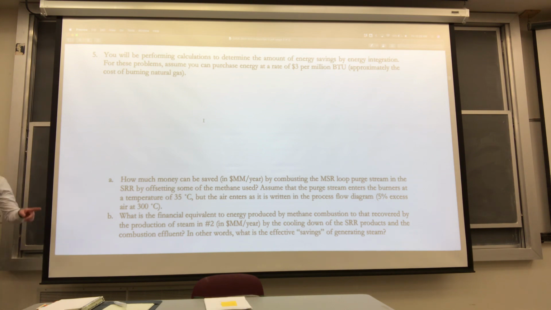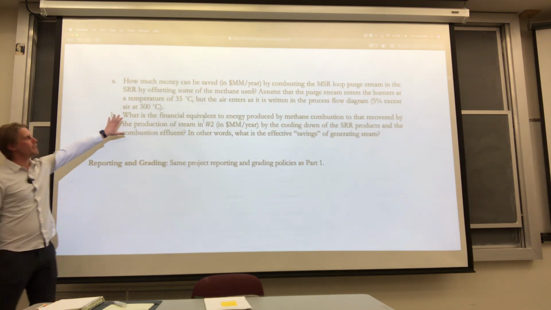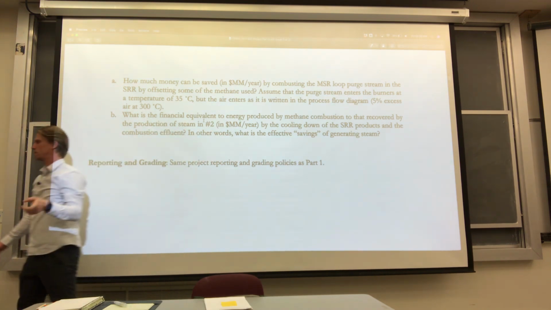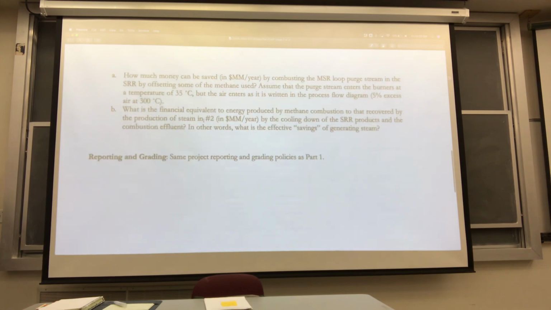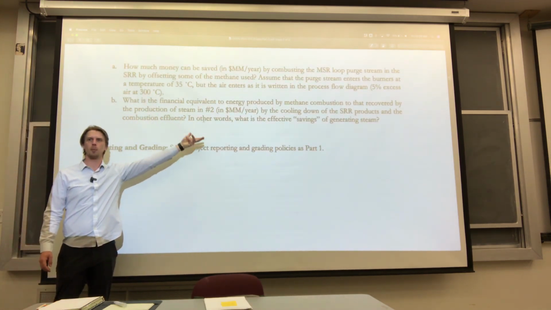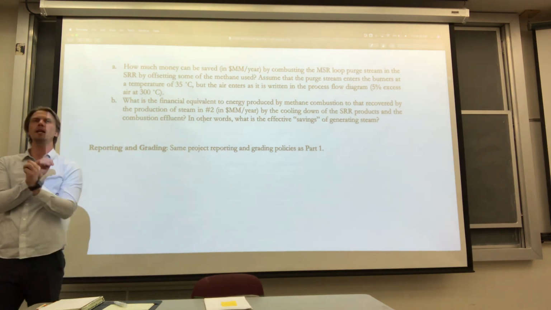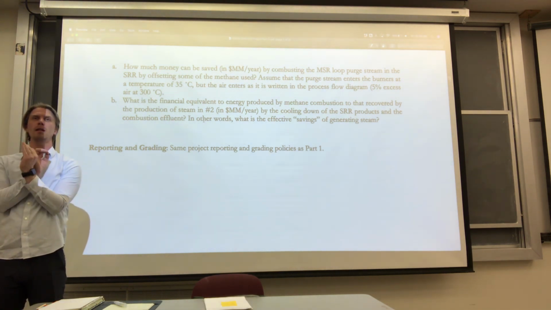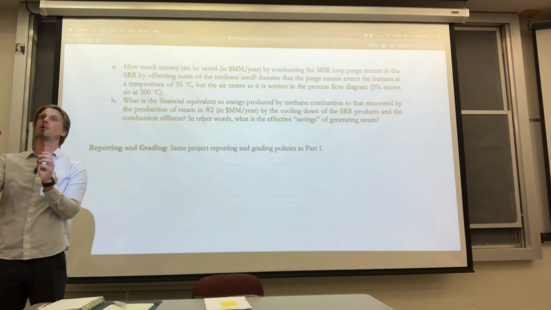Okay, last part is I'm asking the same thing, but instead, if you still use that conversion factor of, what is it, $3 per million BTU, how much money are you saving by generating the superheated steam? So when you're generating the superheated steam by cooling down the effluent from the methane combustion, and when you're cooling down the effluent from the steam reforming reaction, you're generating steam in two locations.